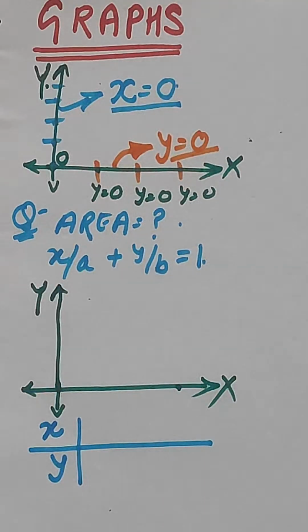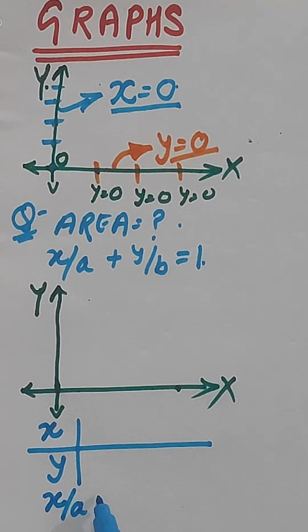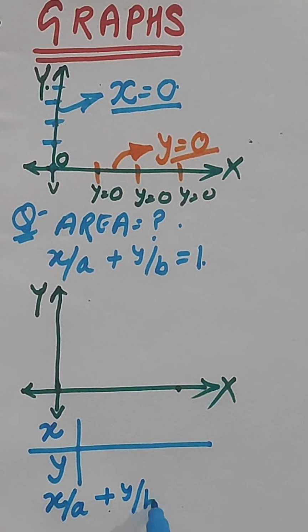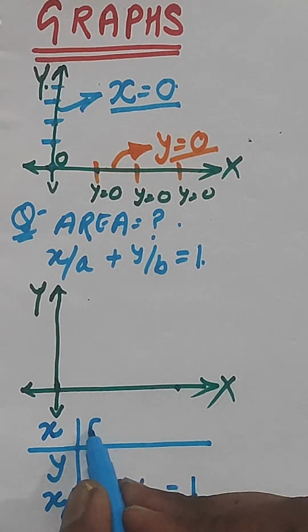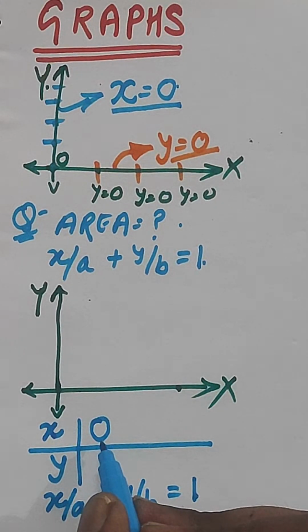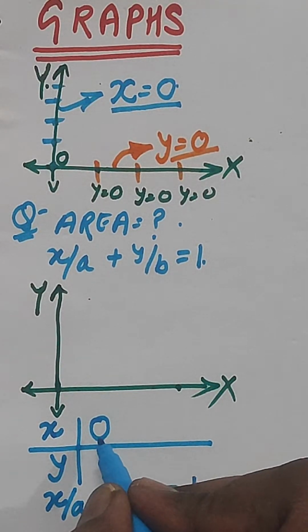Since x by a plus y by b is equal to 1, try to use 0 as one of the values, because 0 makes the calculations easier.